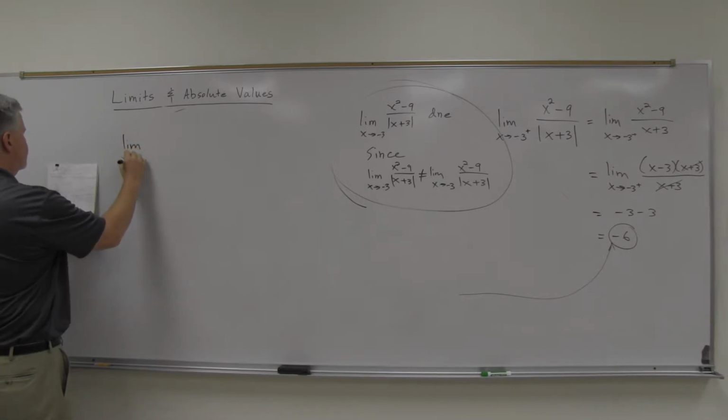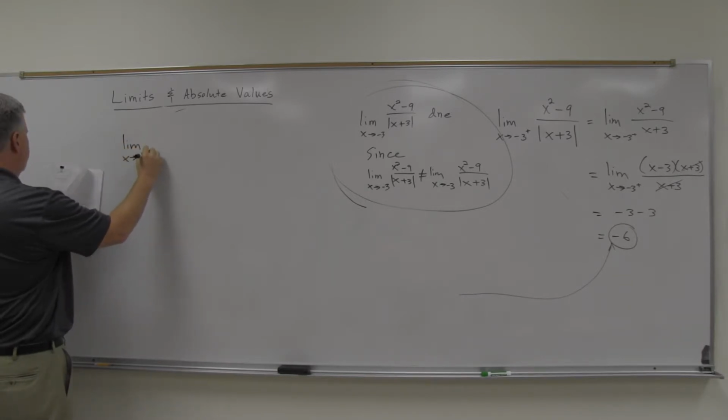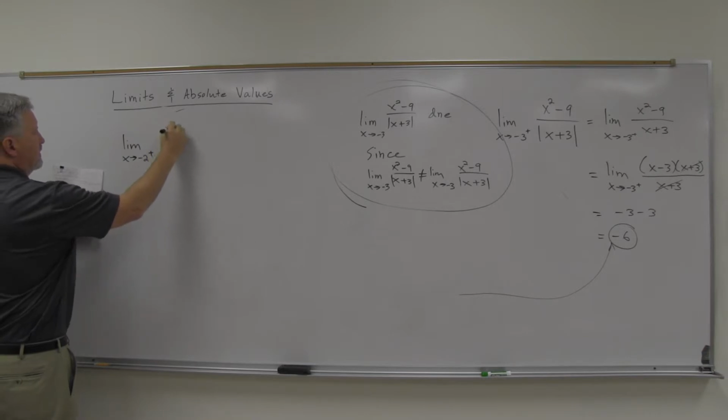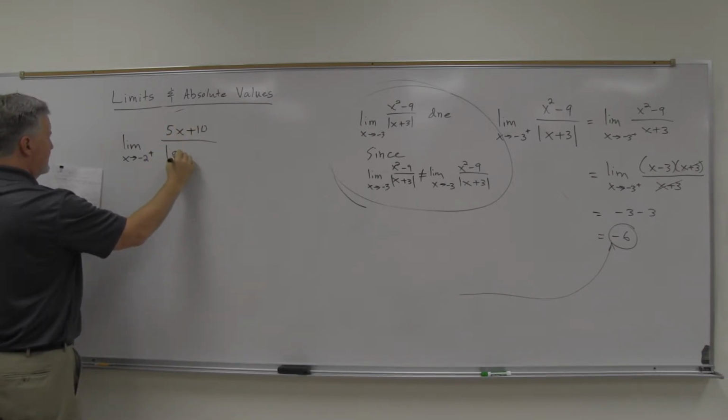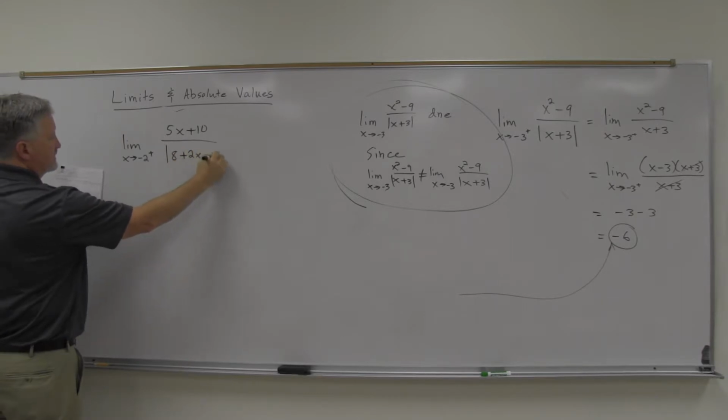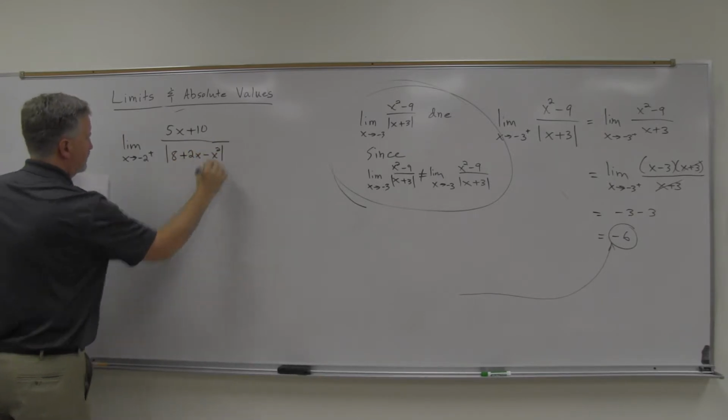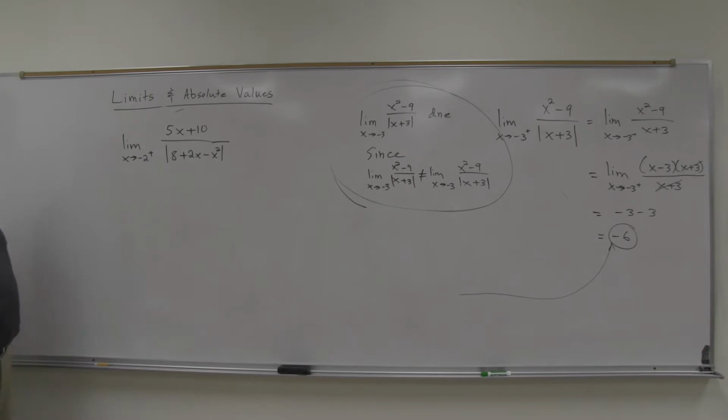Limit as x approaches negative 2 from the right of 5x plus 10 over the absolute value of 8 plus 2x minus x squared. What is that? The limit as x approaches negative 2 from the right of 5x plus 10 over 8 plus 2x minus x squared, the absolute value of that.